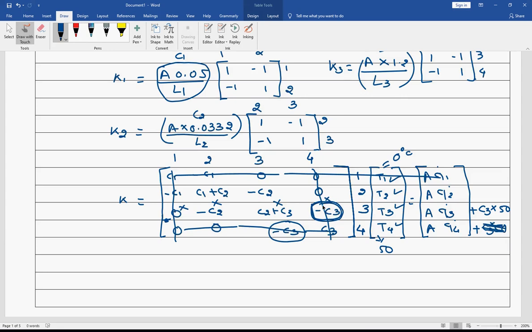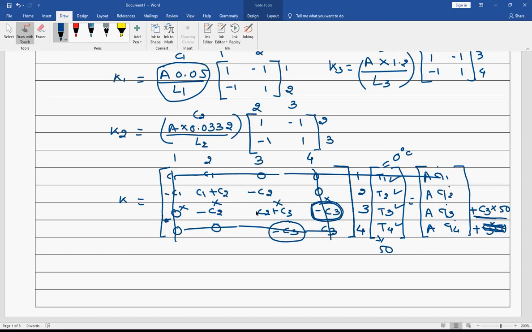It is a positive number. So to make this 0, this minus C3 into 50 will go on this side. Here in this case it is minus C3, so it will go on this side, so it becomes positive. Now this I can eliminate, because this term now does not remain here. So now because of this I have the two equations.